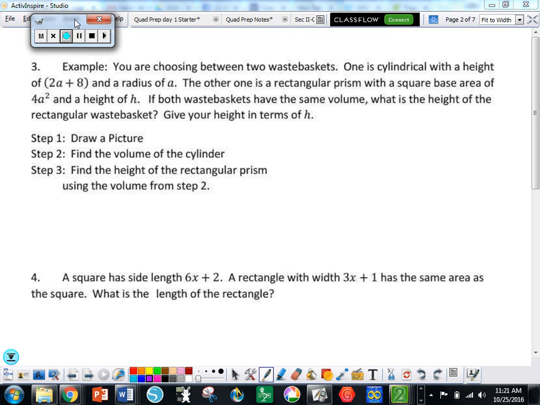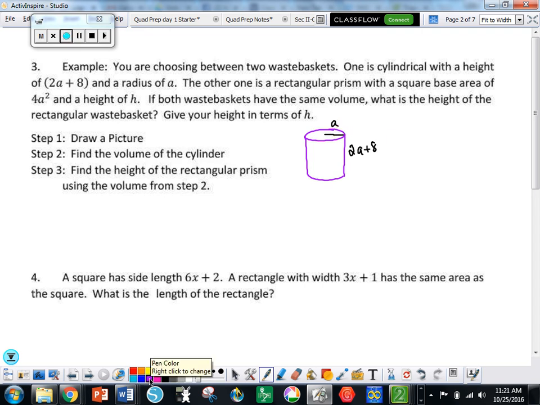So stop, let's draw a picture. I got a cylindrical waste basket. The height of what? What's my height? And what's the radius? Okay, keep moving. The other one is a rectangular prism, because when you look at garbage cans, you think that's a rectangular prism.